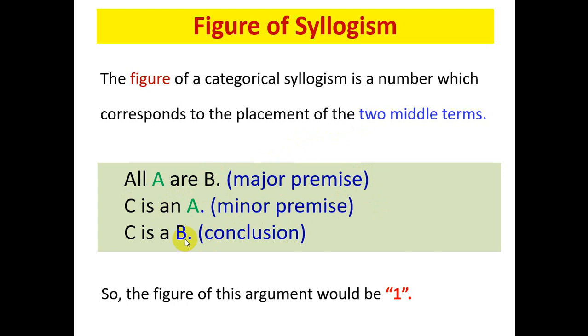And we have the conclusion, C is a B. We stated that B is the major term and C is the minor term, and A, which is common in the first premise and the second premise, I mean the major premise and the minor premise, A is the middle term. So what about the position or the placement of the middle here?